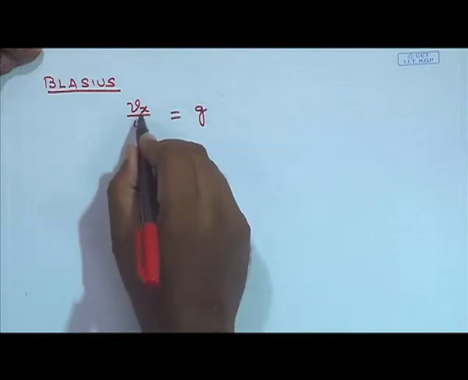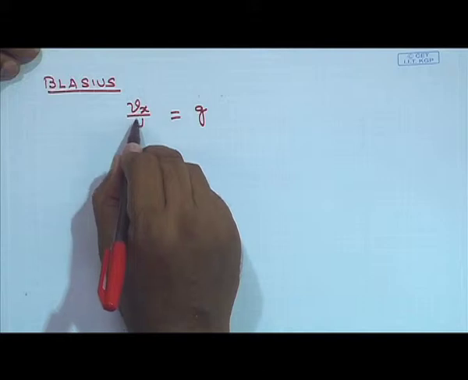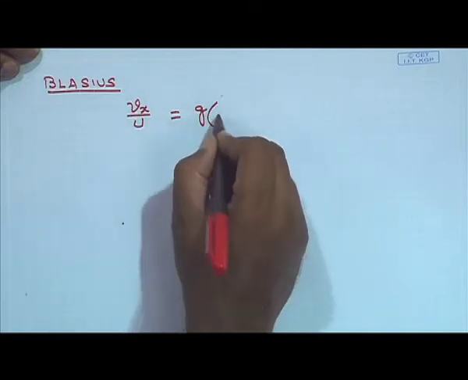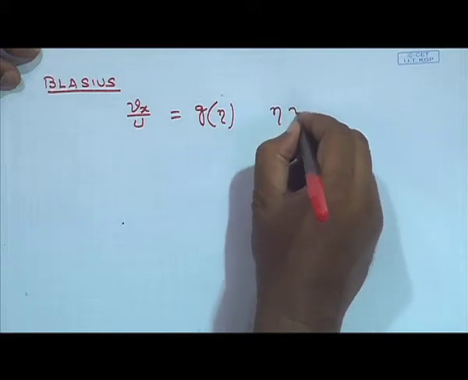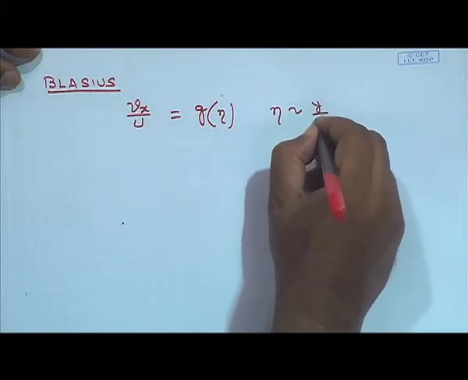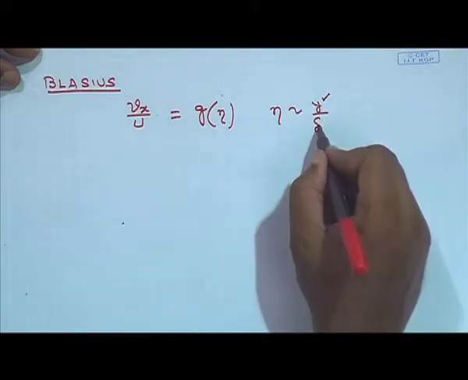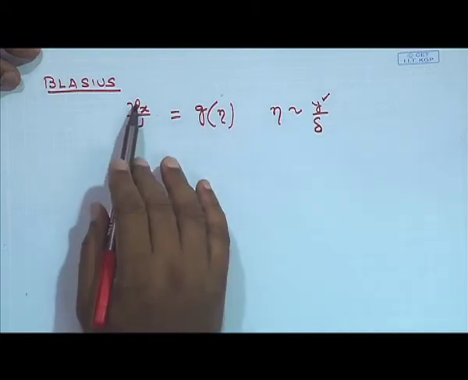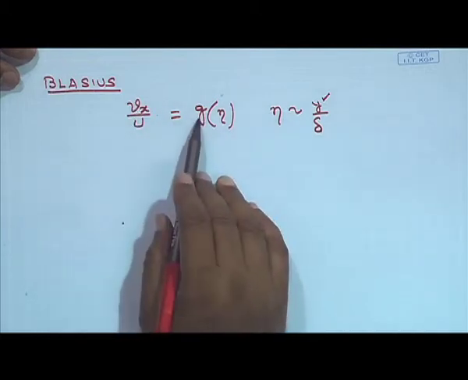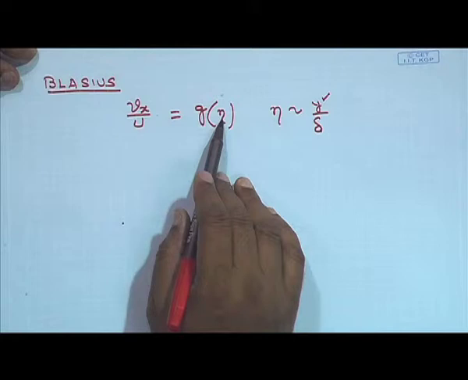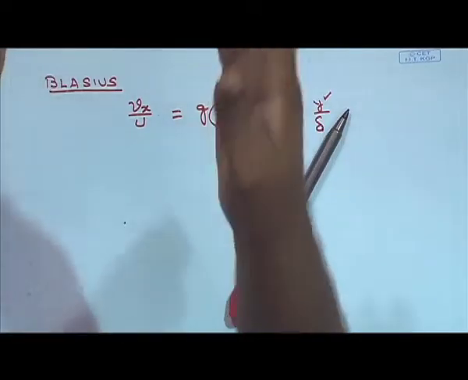So, he reasoned, it is only an assumption, that Vx by u would be a function of eta, where eta is y by delta, y is the distance from the wall, delta is the boundary layer thickness at that point.